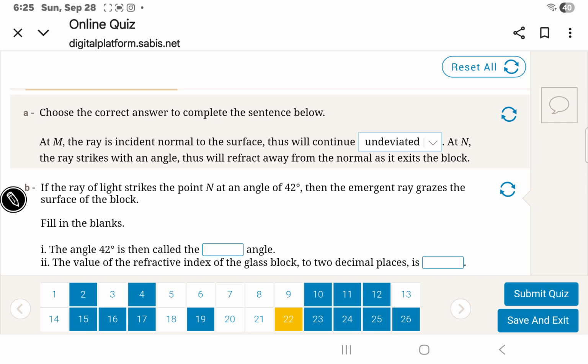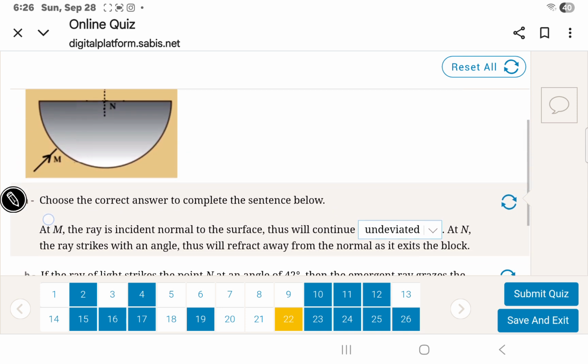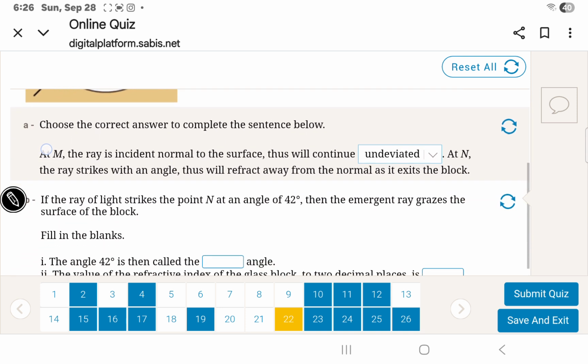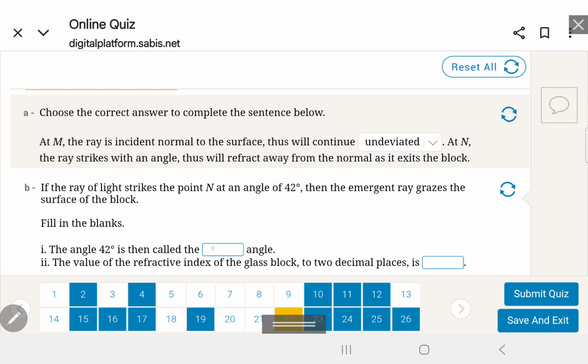Okay. Part B now. The ray of light strikes the point N at an angle of 42. Then the emergent ray grazes the surface. 42 is called the, here you have to write critical angle. Critical angle, because it grazes at 90 degrees.